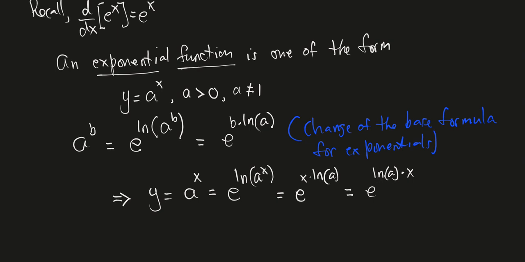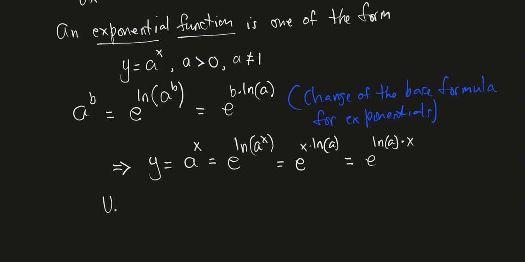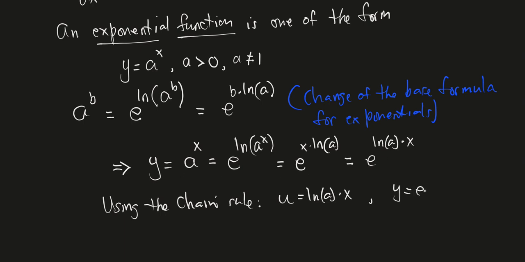But the thing is, we can find its derivative, right? So using the chain rule, in fact, just for a little variety, let's go back and use the first version of the chain rule. So using the chain rule, if we let u be equal to this expression here, our constant ln of a times x, then it means that y will be e to the u, right?